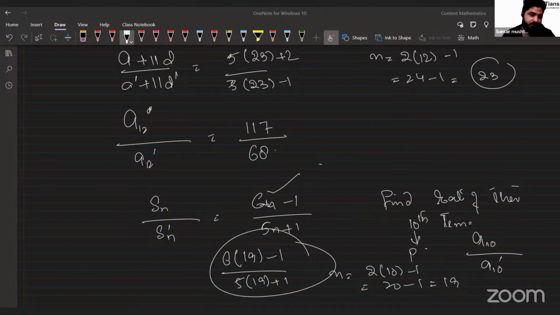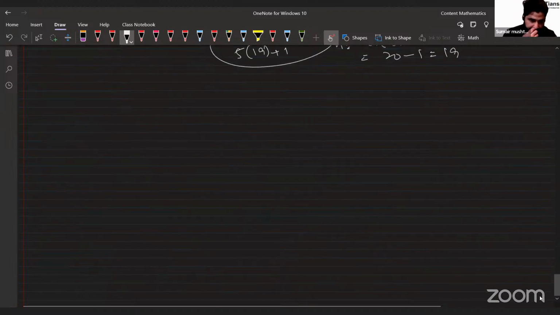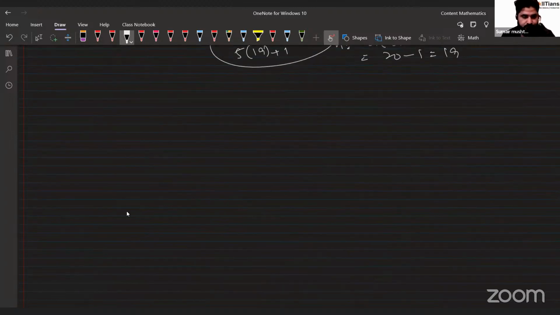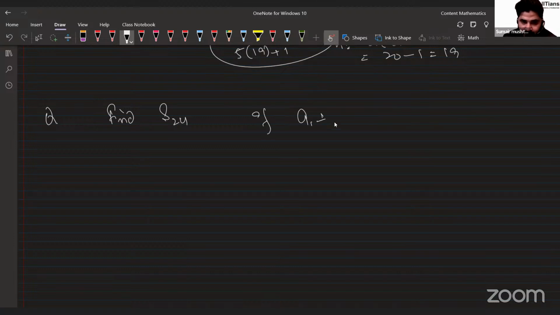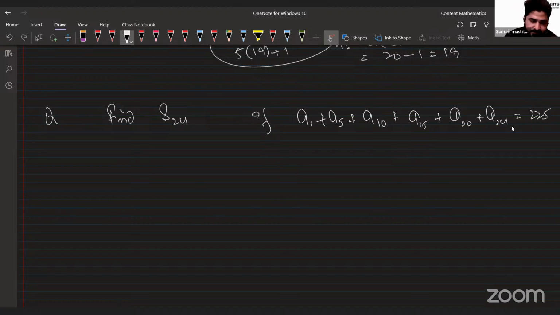Let's do one more question. Question is, find S24, that is the sum of the first 24 terms, if it is given that A1 plus A5 plus A10 plus A15 plus A20 plus A24 is equal to 225.